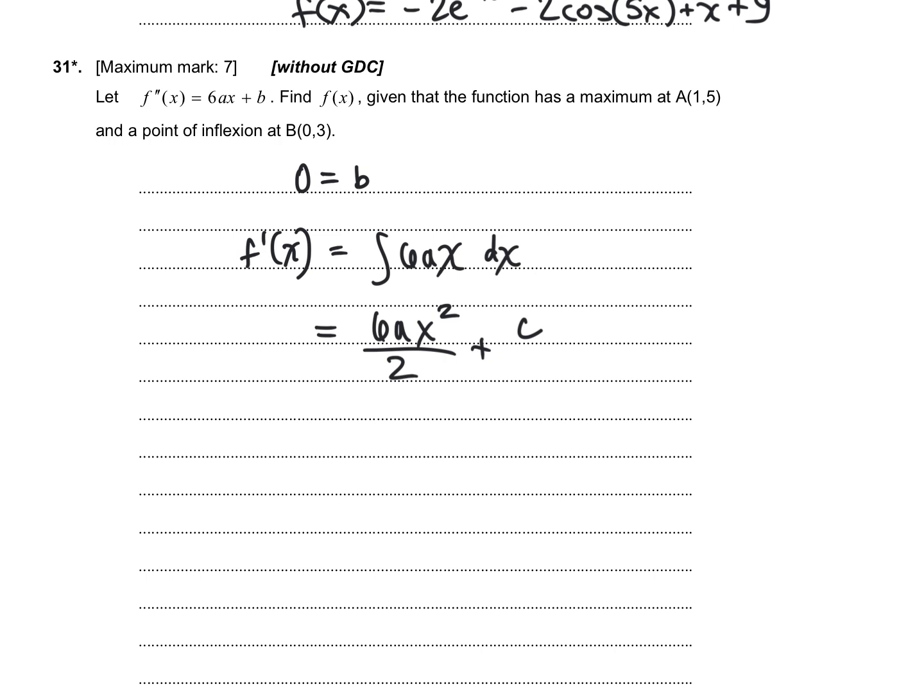Only x. So then we have that we can use 0, 3 or 1, 5. I'm just going to use 0, 3. So that's 3a times 0 squared plus c, so c is 3.